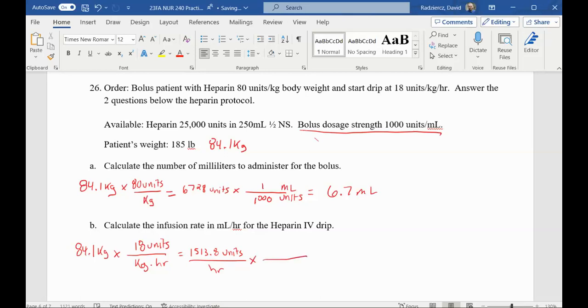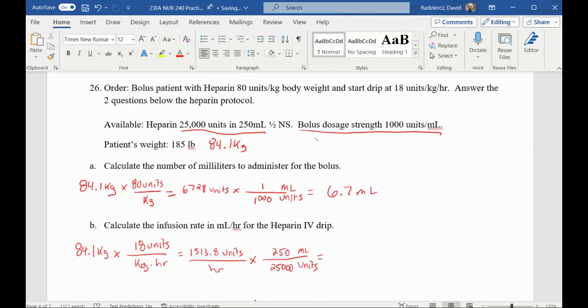This is where you've already done this a couple of times throughout the practice set. Anytime you've converted units per hour to milliliters per hour, that's exactly what we're doing here. In order to do that, I need to use what I have in my IVs. So I want milliliters, I want to get rid of units. 25,250.